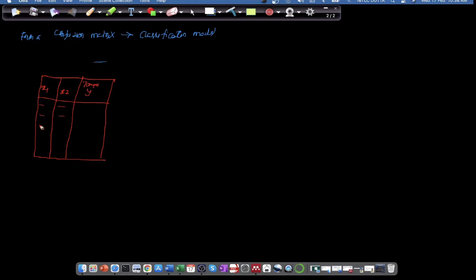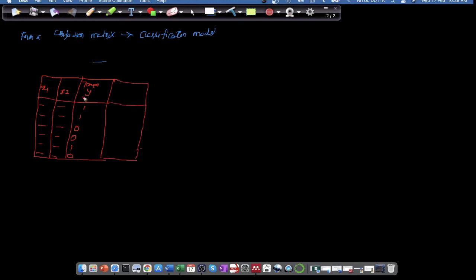We are not considering all the data, but finally we know the final result: for this data point the target is 1, this is 1, this is 0, this is 0, this is also 1, and this is also 0. These are called the target values.